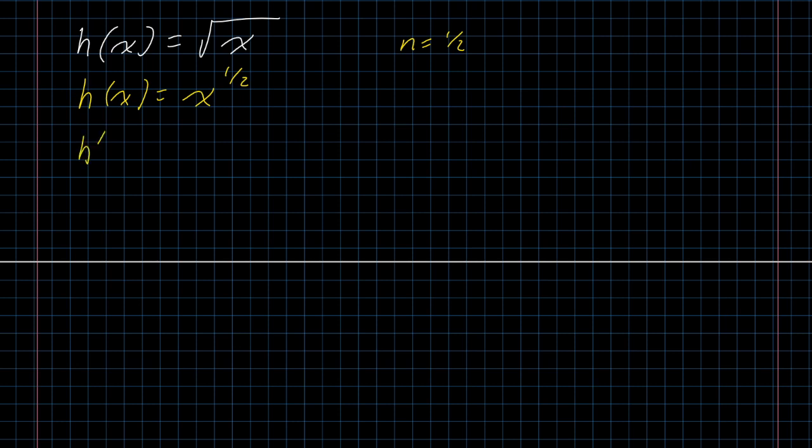So h prime of x is going to be n, which is 1/2, times x raised to the 1/2 minus 1 power. All right, 1/2 minus 1 is 1/2 minus 2/2, which is negative 1/2.